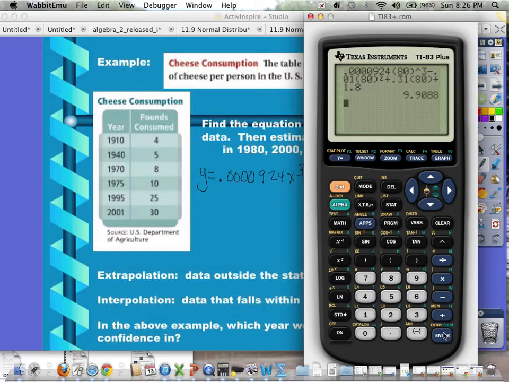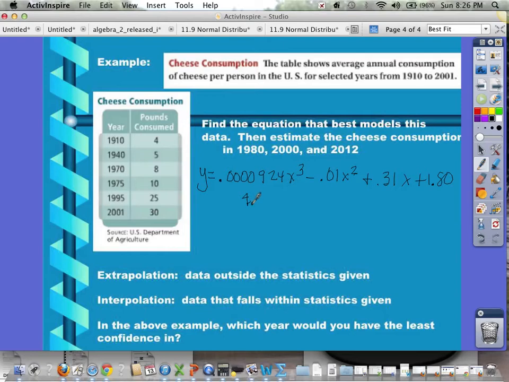Okay, and hit enter. All right, and that's going to say 9.9. Okay, they're saying 9.9. All right, I'll put 9.9 for 1980.